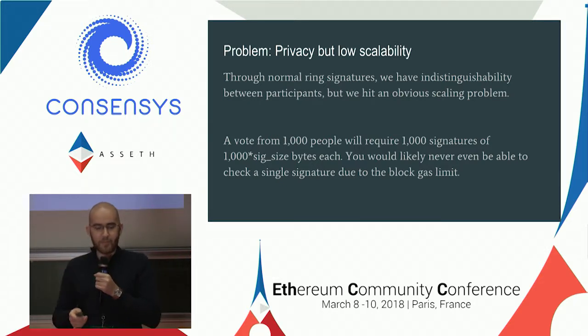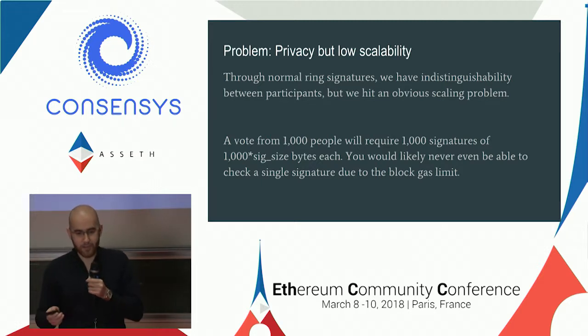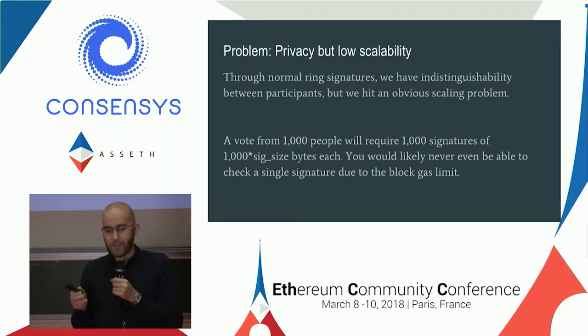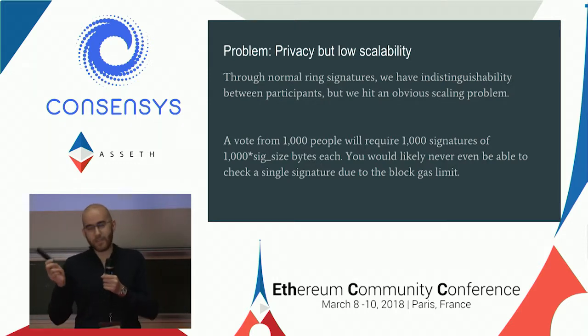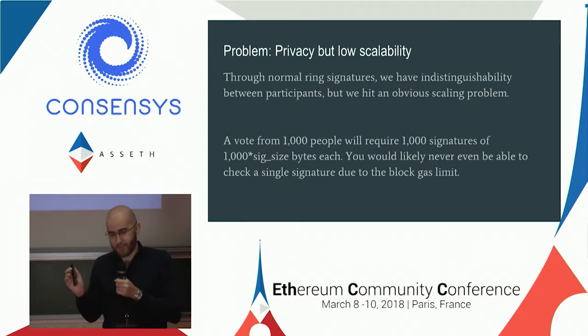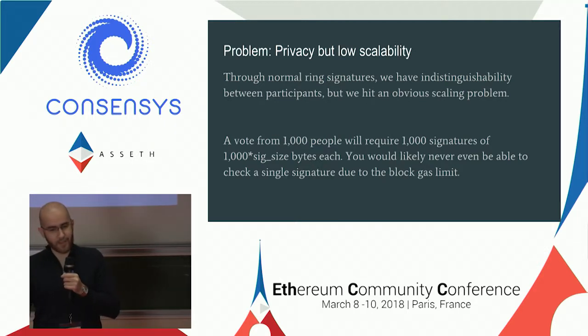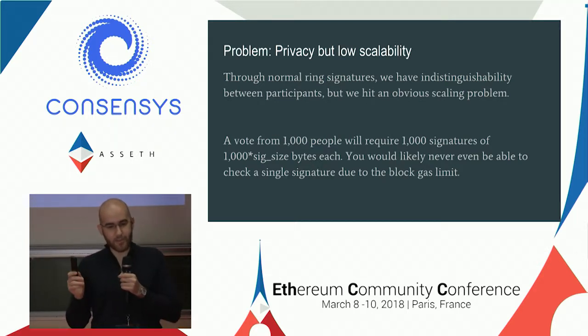So a vote from 1,000 people will require 1,000 individual signatures that are 1,000 sig size bytes each. And for this specific implementation, at least the one that I did myself, it's large. It's quite large. It's like more than 100 bytes per signature, per individual signature component.